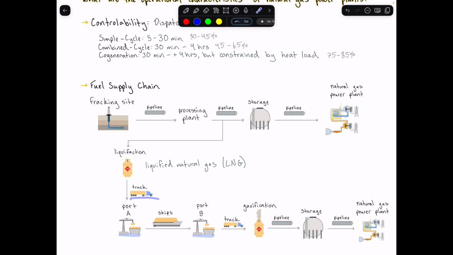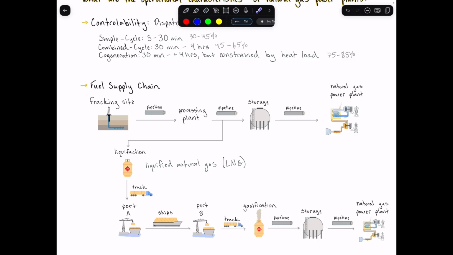it can be transported by a truck to a port. For example, the United States produces a lot of natural gas, and the United States ships natural gas to, for example, Europe. So this process could be going on in Texas, and one of the southern states in the United States that produces a significant amount of natural gas.